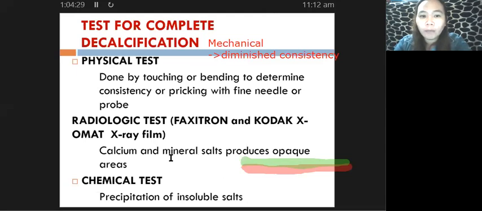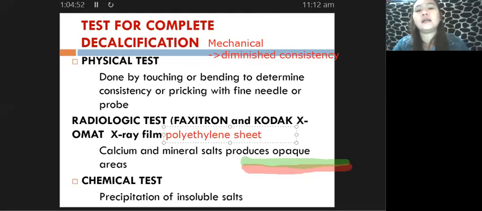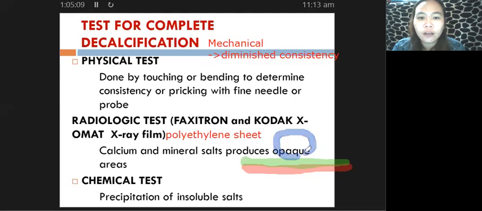And then on top of your X-ray film is your waterproof polyethylene sheet, the green one. And of course, on top of your waterproof polyethylene sheet is your tissue sample.